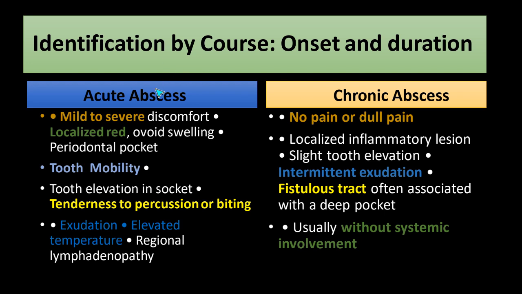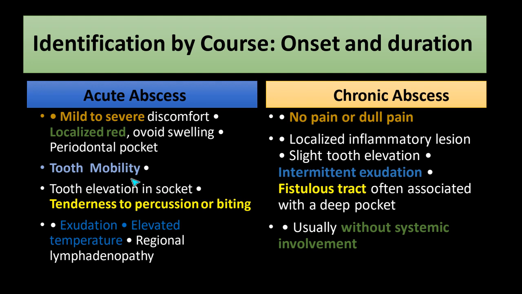Acute abscess, the term itself tells us, involves mild to severe discomfort or pain. There is a localized red ovoid swelling. There is persistence of periodontal pocket. There is a pre-existing periodontal pocket which triggers the formation of periodontal abscess.